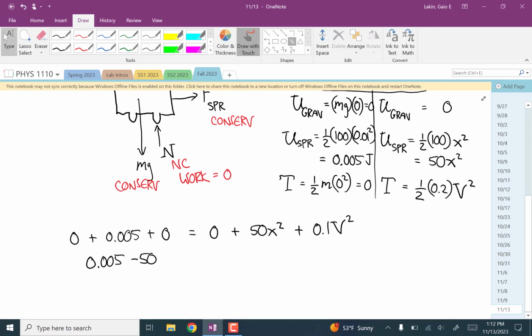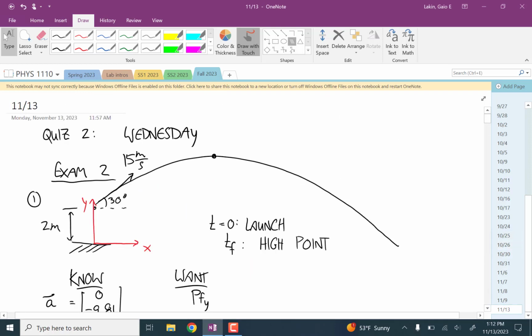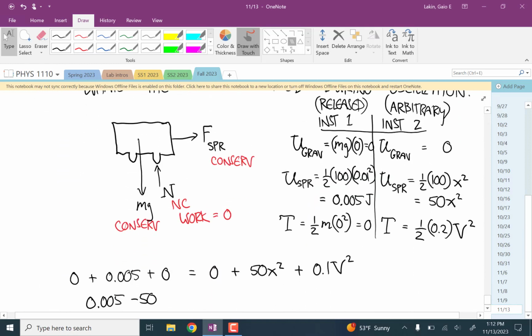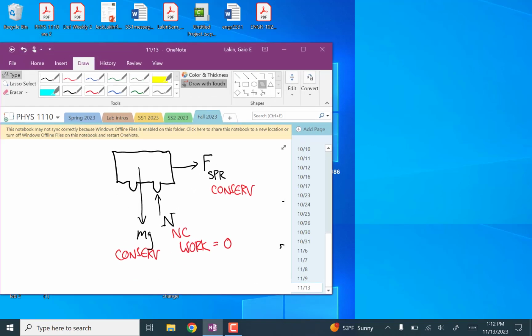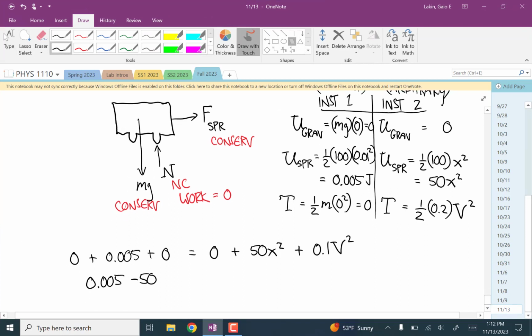Hold on a sec. Okay, 0.005 minus 50x squared is equal to 0.1 v squared.